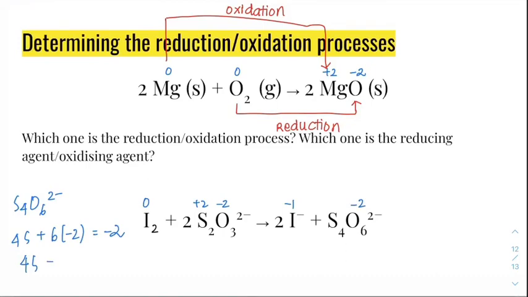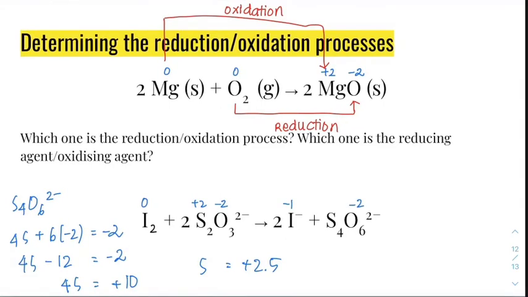For sulfur, 4S minus 12 equals -2, so 4S is +10. So the oxidation state of sulfur is +2.5.